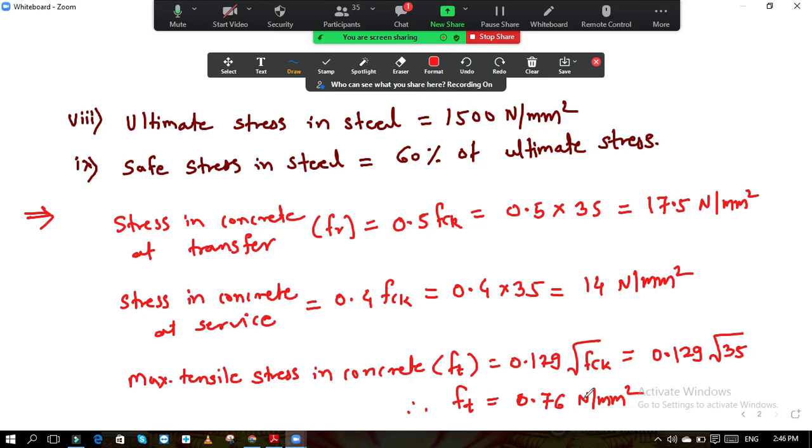Then at that time, in its service period, its stress is 0.4 fck, which is 14. So both these are the compressive stresses at transfer and at service. And the maximum tensile stress in concrete is 0.76. Remember that all these three stresses are related to concrete only. One is at transfer, second is at service, and third is allowable tensile stress.